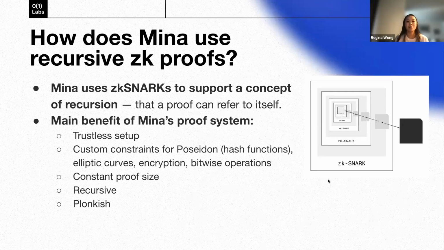Well, we use a zero-knowledge proof specifically called ZK snarks that supports the concept of recursion. Basically, a proof can refer to itself. One of the benefits of Mina's proof system is the following: trusted setup, custom constraints, a constant proof size, recursiveness, and plonkish. If you have any questions about this, we can talk about this later in the Q&A.